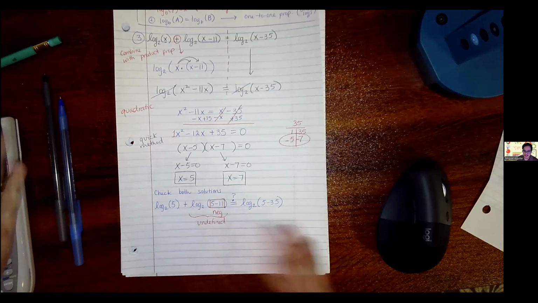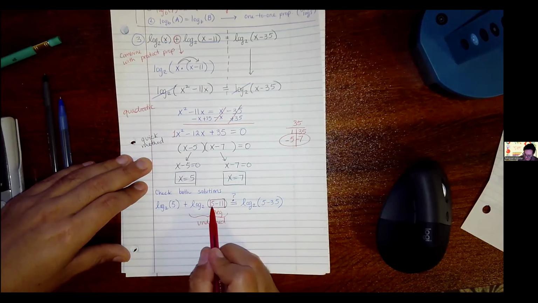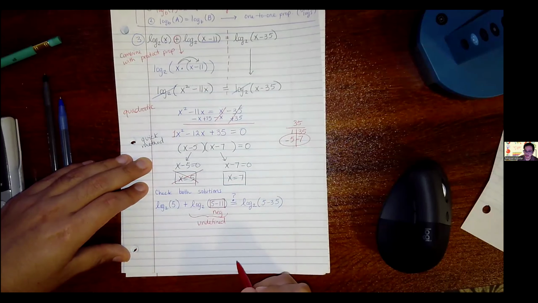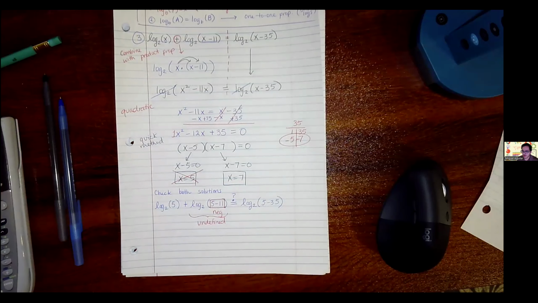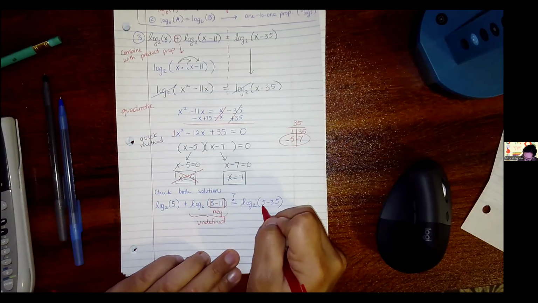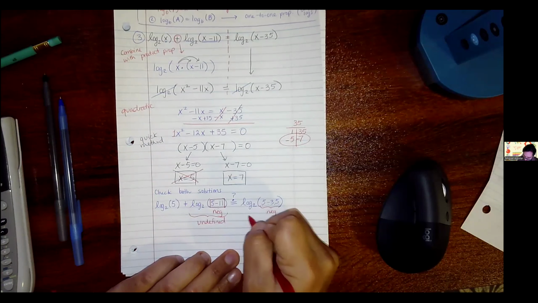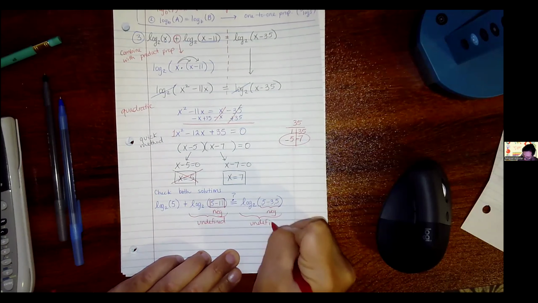And so that tells me right away, this 5 that I tried to plug in here, since I subtract 11 and get a negative and try to plug that into a log, that cannot be a solution because I need to be able to plug that number all the way into the log. And the same thing would have happened over here. 5 minus 35 would be a -30, which means that this entire logarithm would have been undefined also.